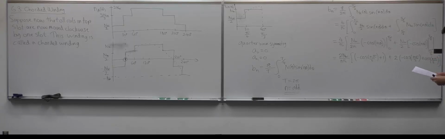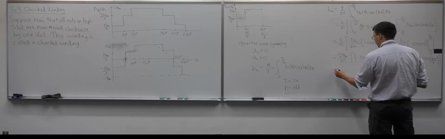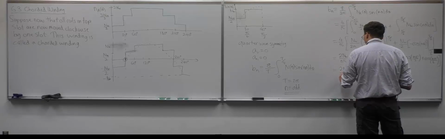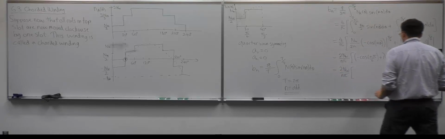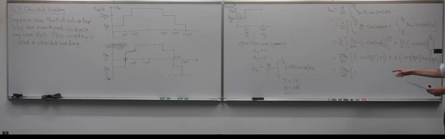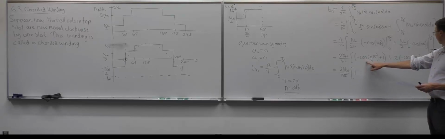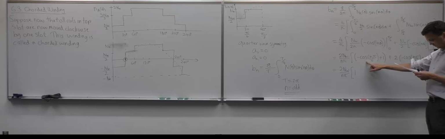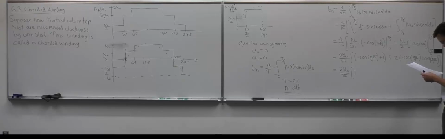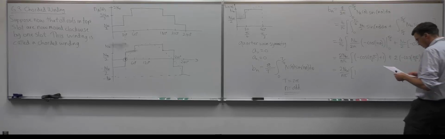Now let's just rearrange this for one last line. 2 nw over n pi, and so we have 1. So this is a 2 minus cosine n pi over 2, so let's put that over here.